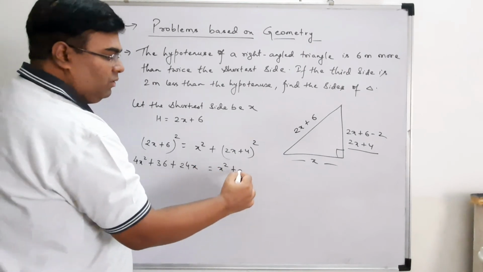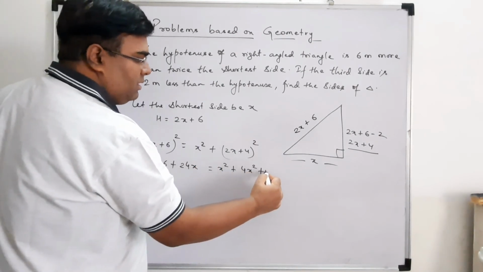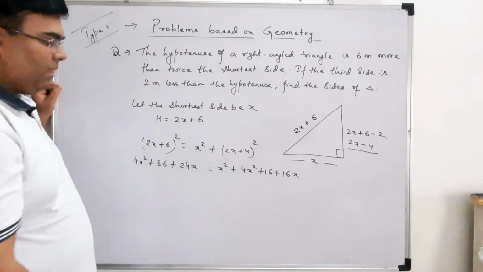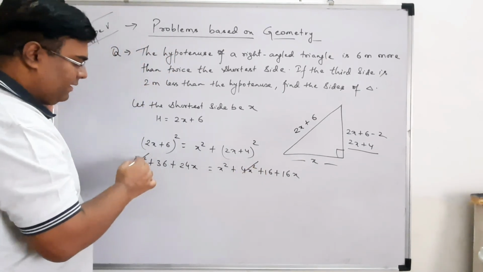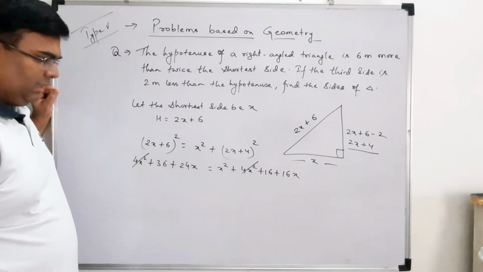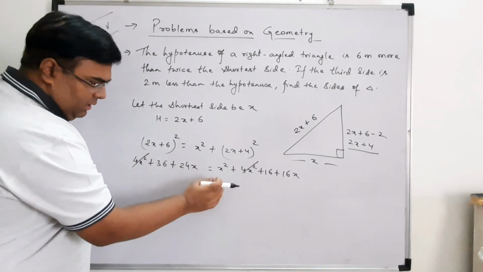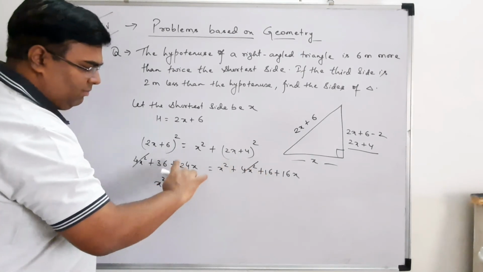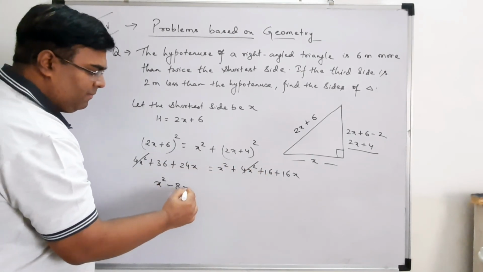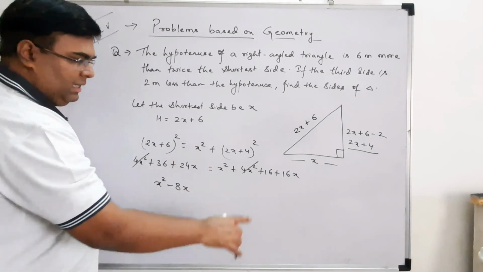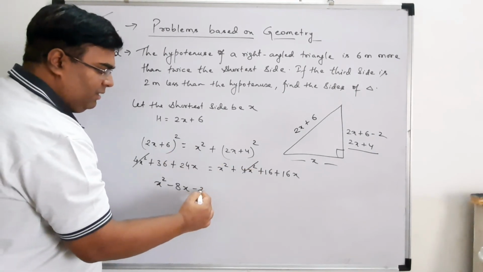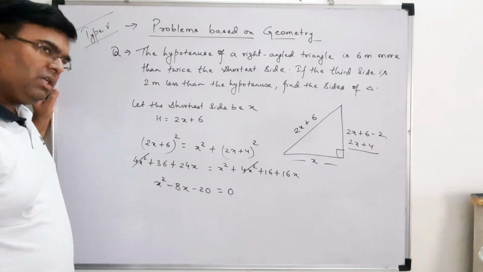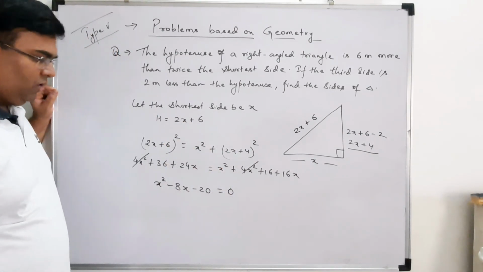Expanding this also, 4x square plus 16 plus 16x. This 4x square will get cancelled, and let us simplify the other terms. x square I am writing first, and 16x minus 24x will give me minus 8x, and 16 minus 36 will give me minus 20. So this is my quadratic equation, and now we need to solve this, right?